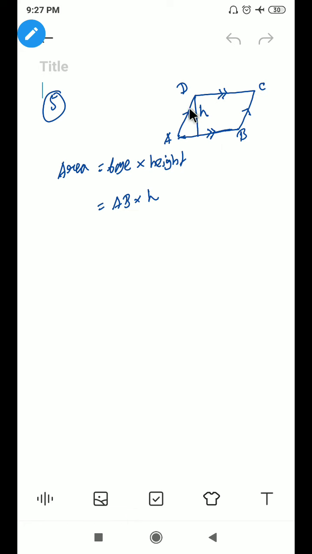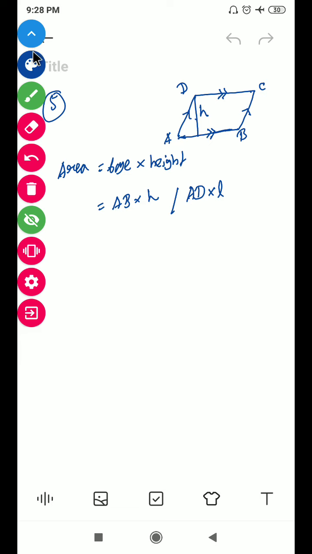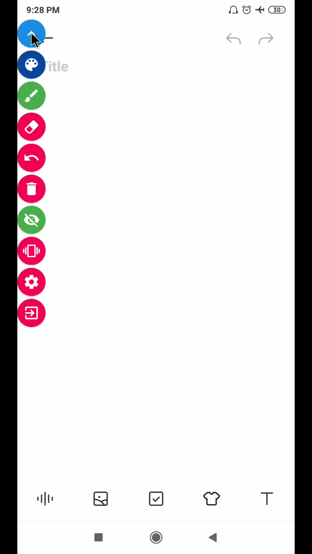If you consider AD as a base, then you have to know the distance between these two parallel sides, that means AD and BC. Suppose this distance is L, at that time AD into L happens. Now go to the next one.